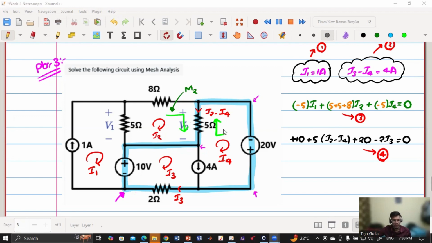Then the coefficient of I4 is the negative of the resistance shared between mesh M2 and mesh M4, which is minus 5. On the RHS, we get the voltage drop in this mesh M2 when traversing in the clockwise direction. But there is no voltage source in this loop, so we get 0. Is this clear, or any further doubts?